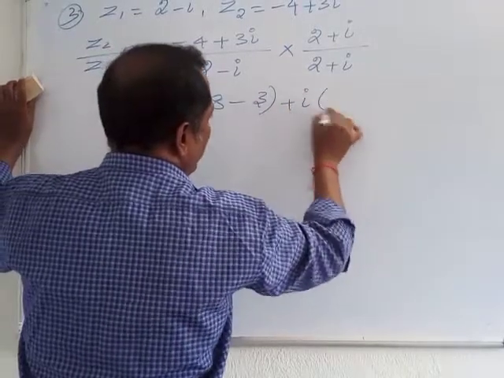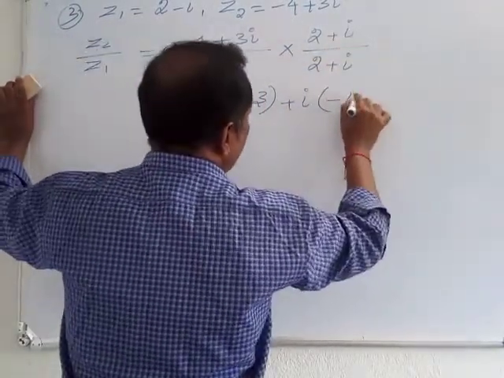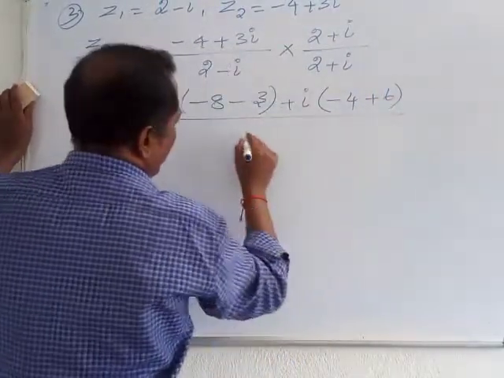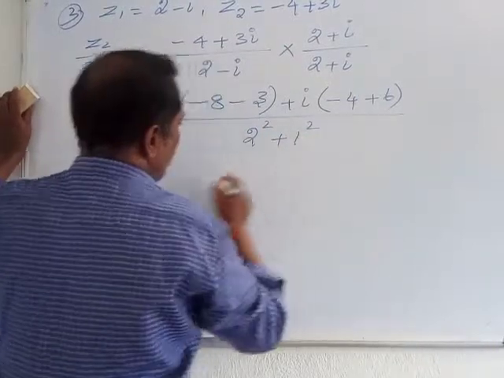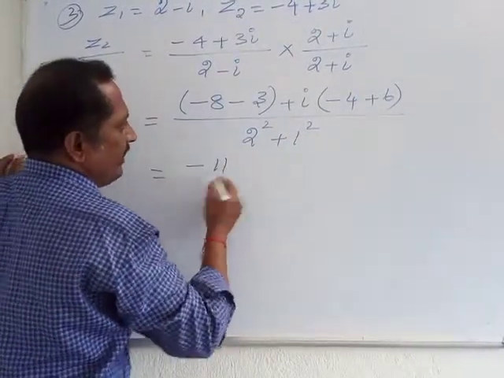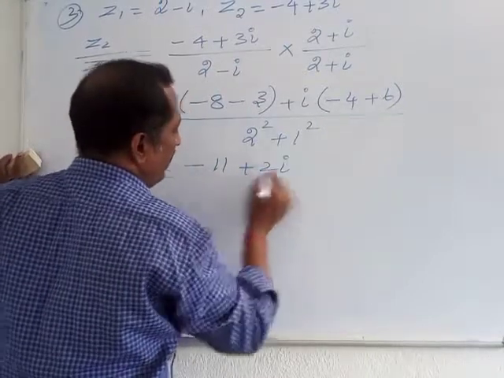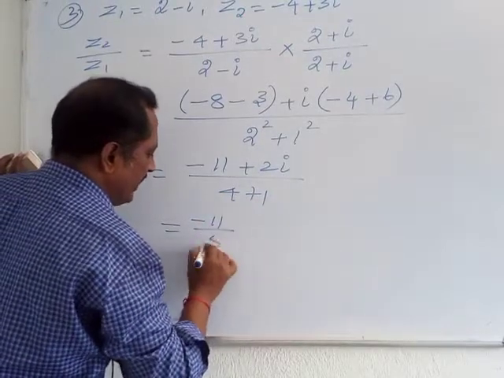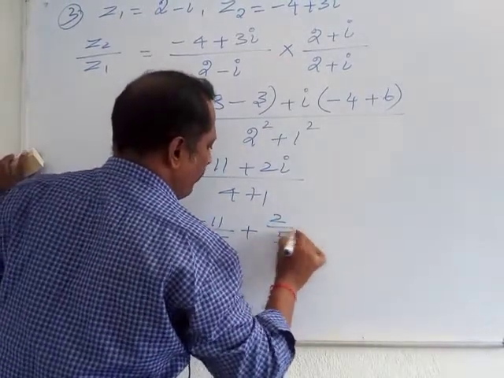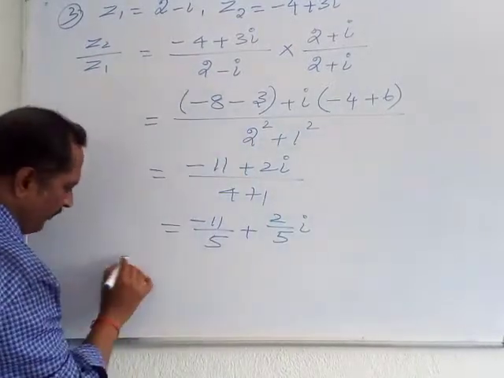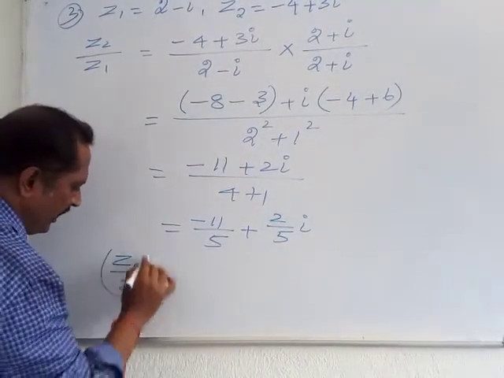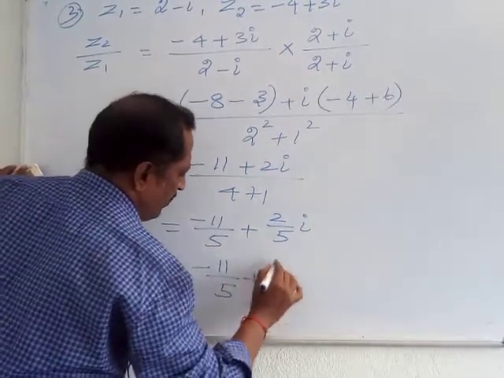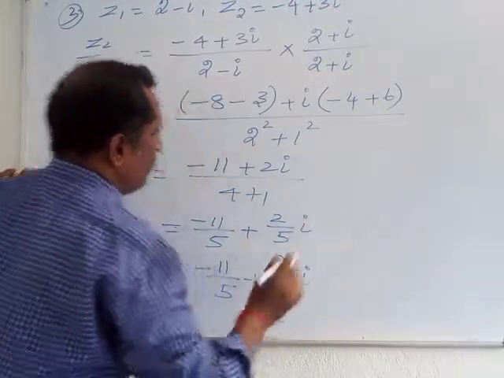Next plus i into real into imaginary, minus 4, and imaginary into real, plus 3 twos are 6, so plus 2i, divided by 2 squared plus 1 squared. This is equal to minus 11 plus 2i divided by 4 plus 1, which is 5, which is equal to minus 11 by 5 plus 2 by 5 i. Therefore the inverse of z1 by z2 is equal to minus 11 by 5 plus 2 by 5 i.